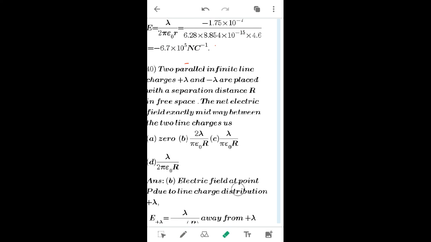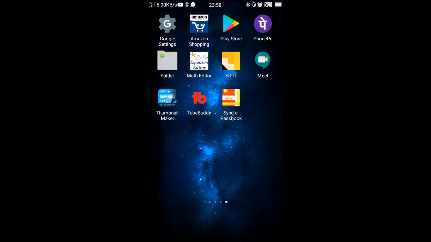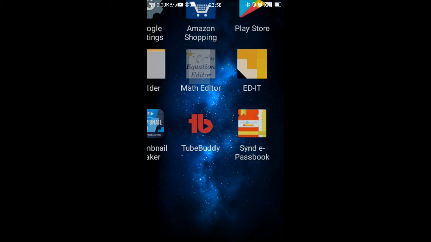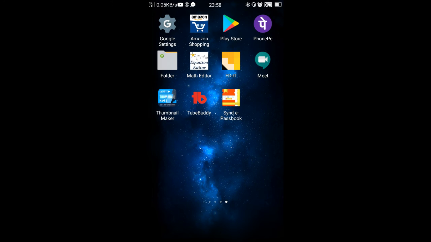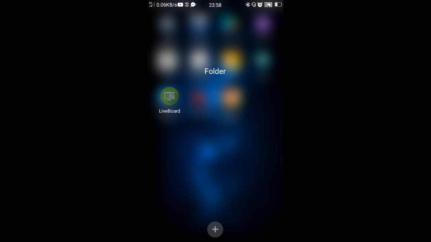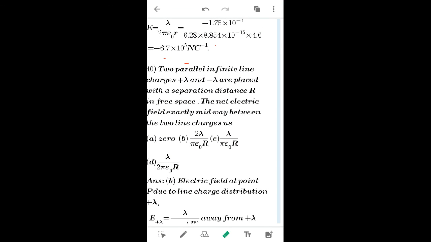Okay, let us go to the 40th question. Two parallel infinite line charges plus lambda and minus lambda are placed with a separation distance r in free space.